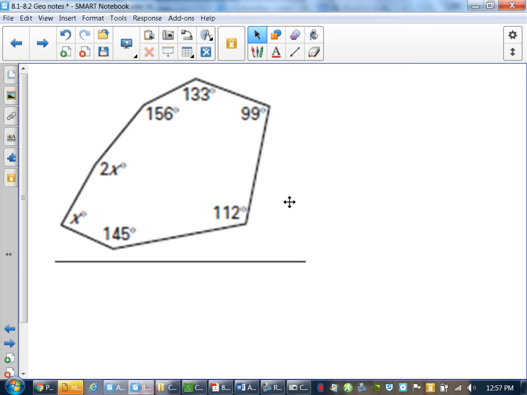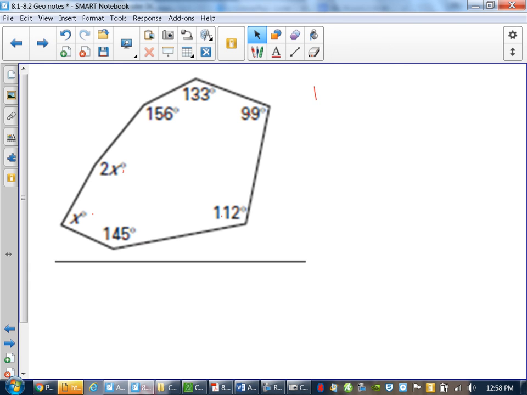If you have 6 angles, how many sides should you have? 6. The number of angles and number of sides are always going to be the same. So if I look at this, it's a tough thing to count. Ready? 1, 2, 3, 4, 5, 6, 7 angles, which means there are 7 sides.